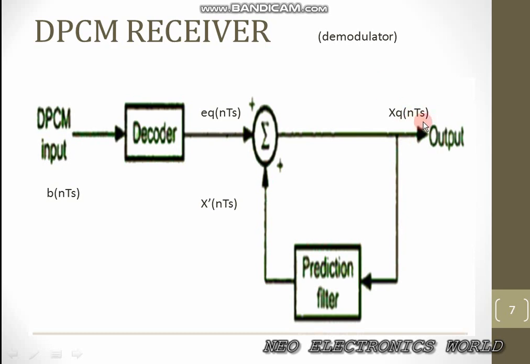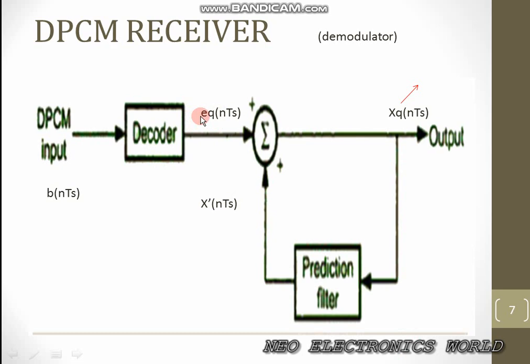We will convert this to an analog signal using an LPF here. This XQ of NTS is again going back to the prediction filter, and this is used to predict the value of the next sample and calculate the value of the present sample.